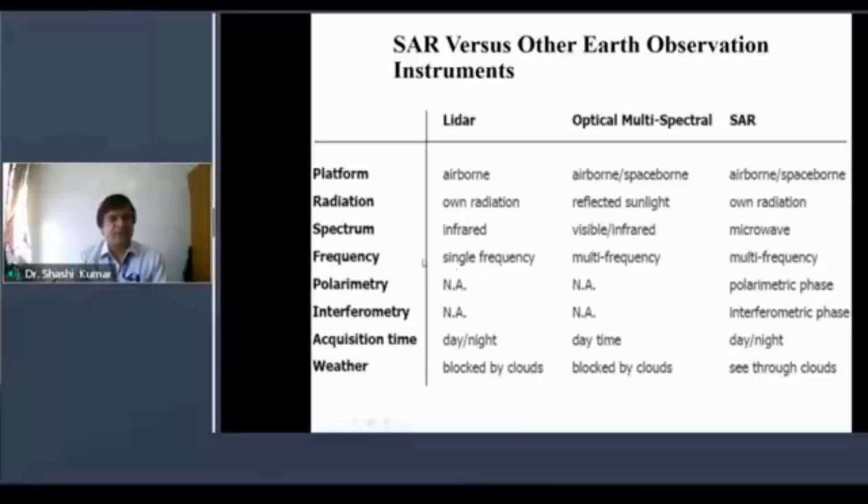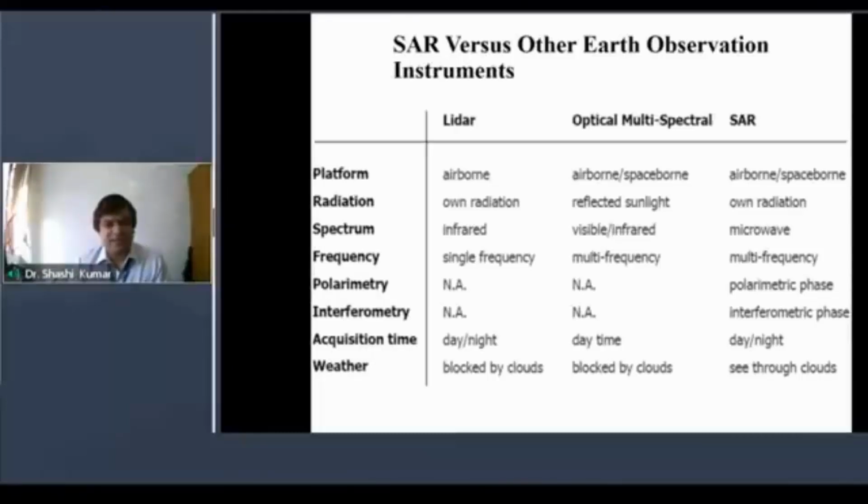Now, when we are talking about the frequency, the LIDAR data set is monochromatic, so a single frequency is used. In the case of optical multispectral, from the name multispectral it is clear that there will be multiple spectra, obtained from multiple frequency ranges, covering visible as well as infrared.